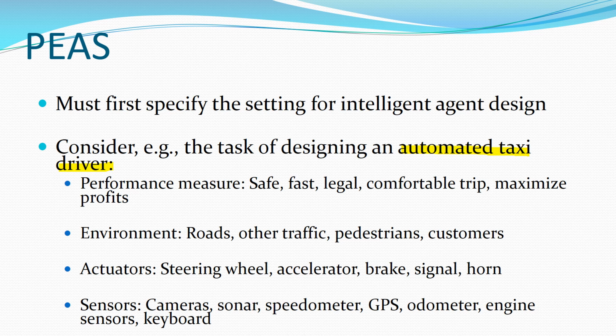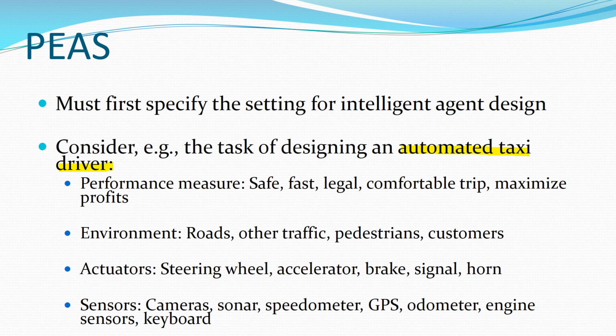Now, what would be the PEAS description for such an agent? First, we'll see what is the environment in which the agent is going to work. As it is a taxi, obviously the environment would be the roads on which the taxi is going to drive.